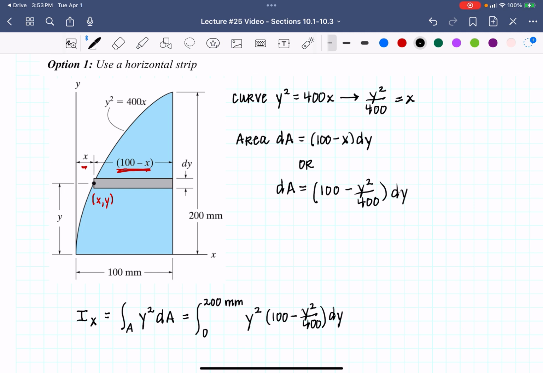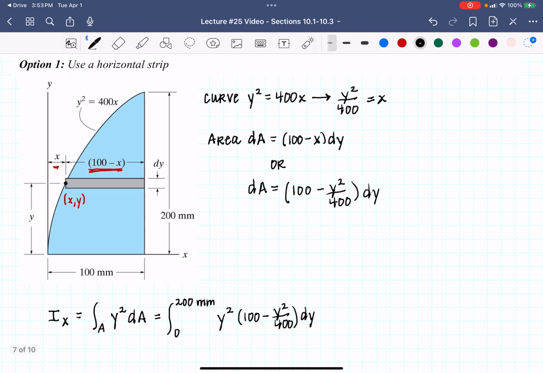I can rewrite that to be the integral from 0 to 200 millimeters of 100 y squared minus y to the 4th over 400 dy.